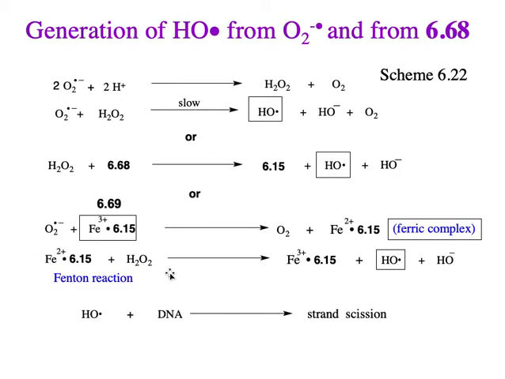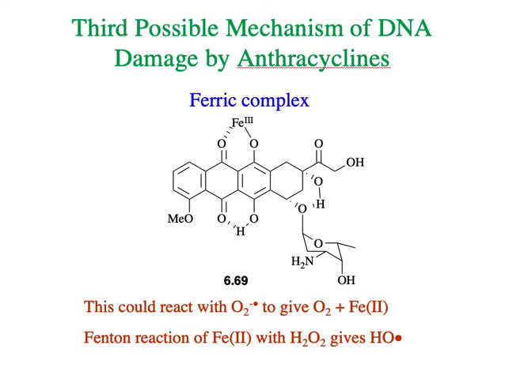And so one of the ways that you can form even more reactive radicals from superoxide is through what's known as the Fenton reaction, where you use iron and oxidized iron, and that can result in DNA strand scission through, say, the generation of hydroxyl radicals, etc. Another way that has been proposed as a mechanism is that you're actually complexing iron and oxidizing it to iron 3 through anthracycline type drugs.